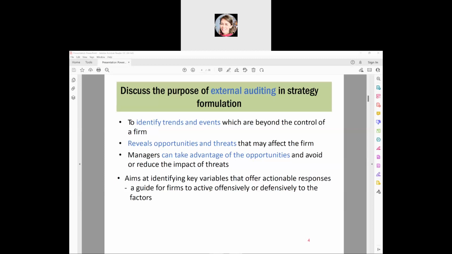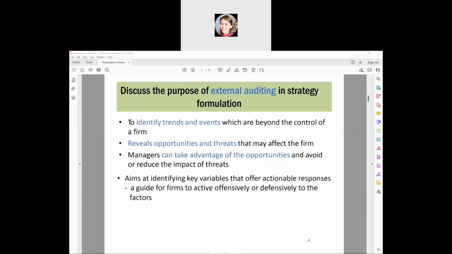Examples of this could be increased foreign competition, population shifts, migration of people here and there, an aging population or society. These are trends or events. Consumer fear of traveling, which we all can relate to, stock market volatility and so forth.